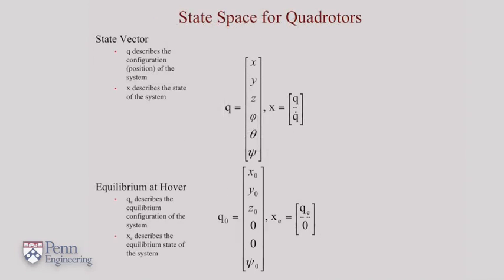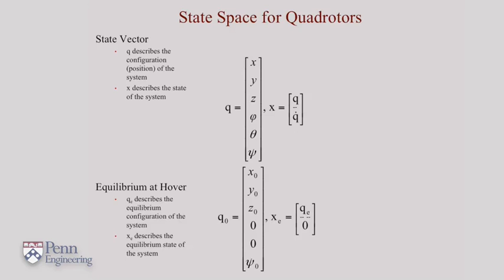If you look at the equilibrium configuration, and that configuration is defined by the position x0, y0, and z0, the configuration by definition also has a 0 roll angle and a 0 pitch angle. It could of course have any yaw angle.